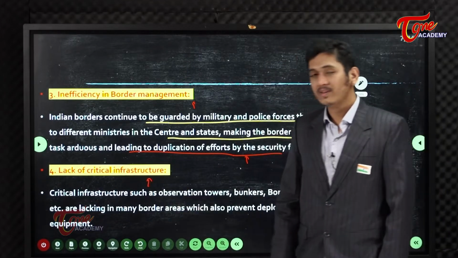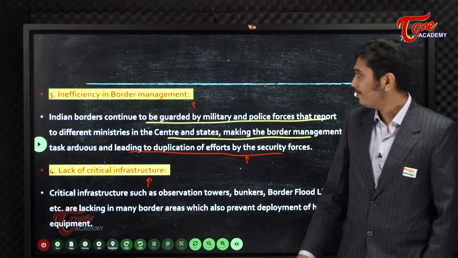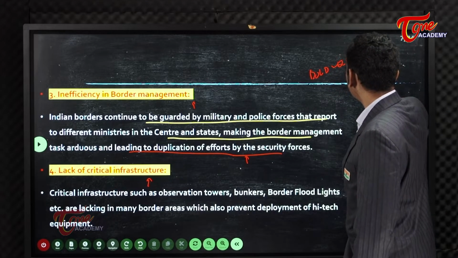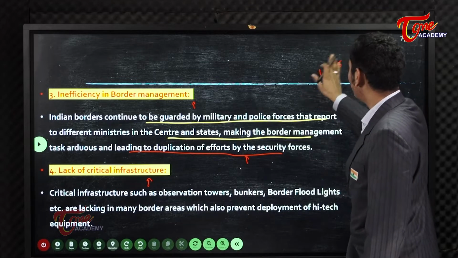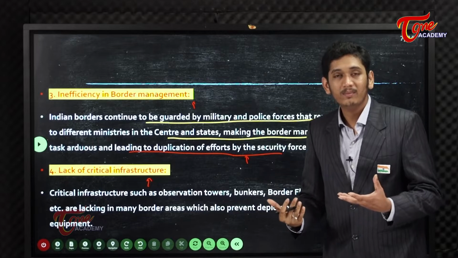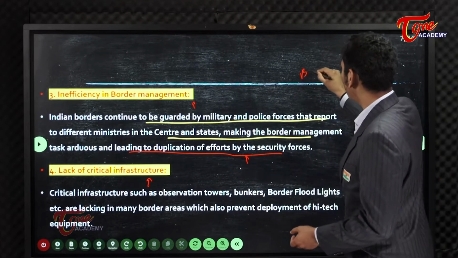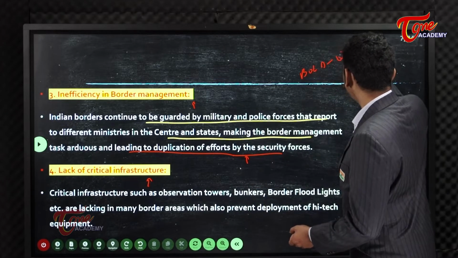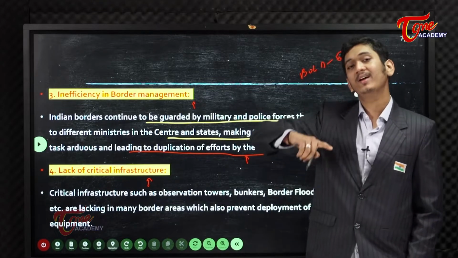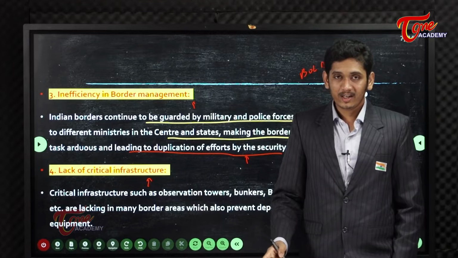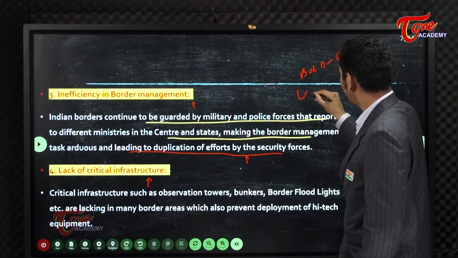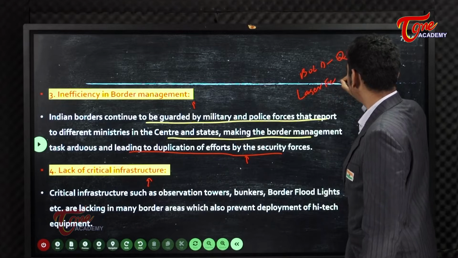Lack of critical infrastructure, okay. Like we have BOLD-QIT, that is, we are trying to modernize our border. The BOLD-QIT infrastructure is how we are trying to modernize all the critical infrastructure around the border by using laser fencing technology.